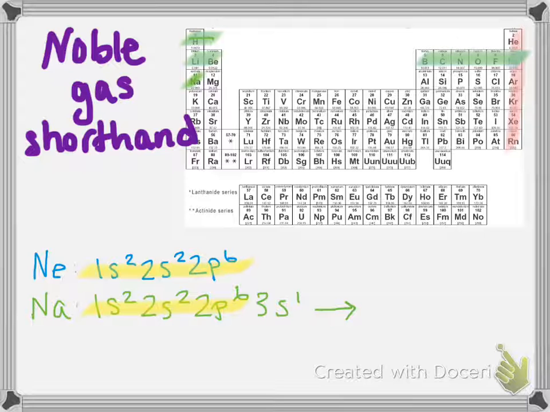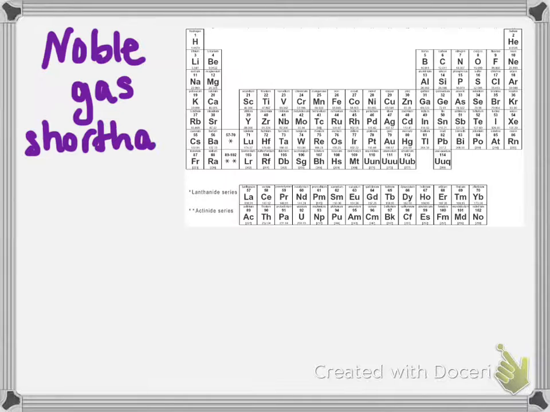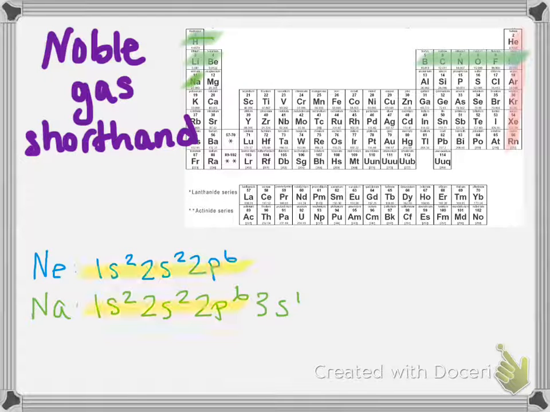So what we do, this is very easy to do. In order to write the noble gas shorthand, you find the noble gas right before the element that you're looking at. So I'm looking at sodium, which is element number 11. Neon is the noble gas right before it.